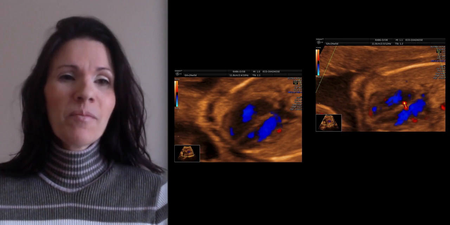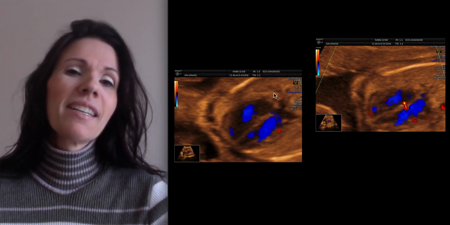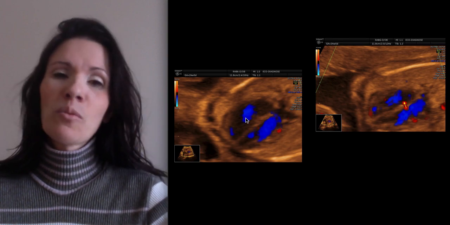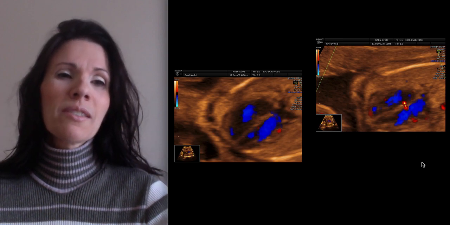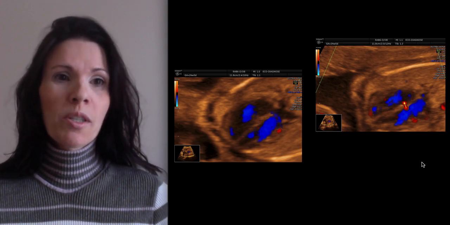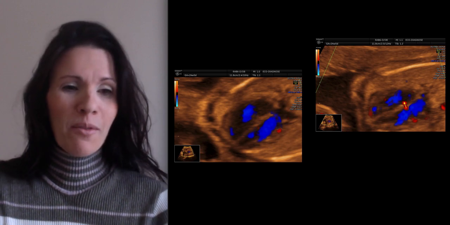And again, just to be sure, I had increased right side and enlarged coronary sinus to be sure about persistent left superior vena cava.